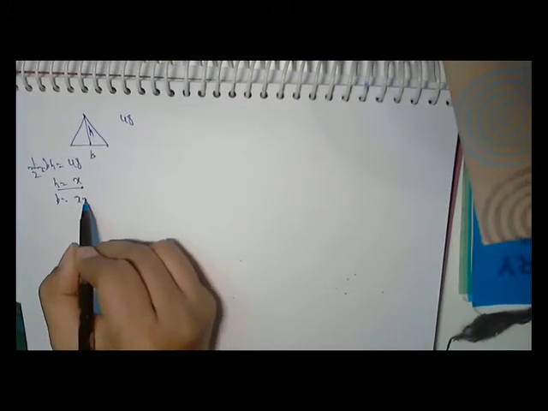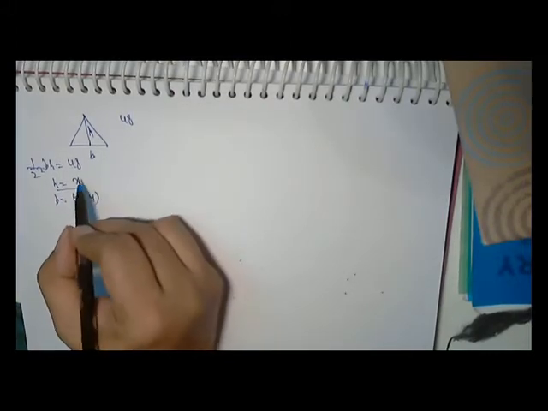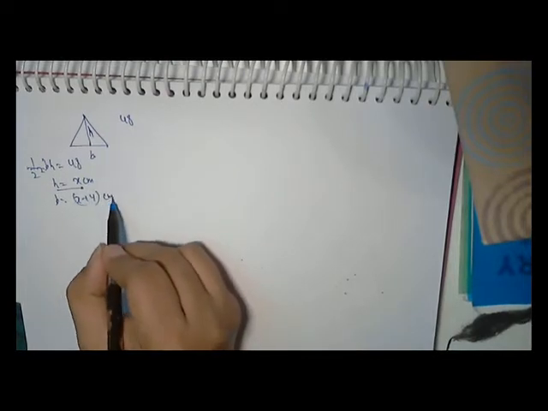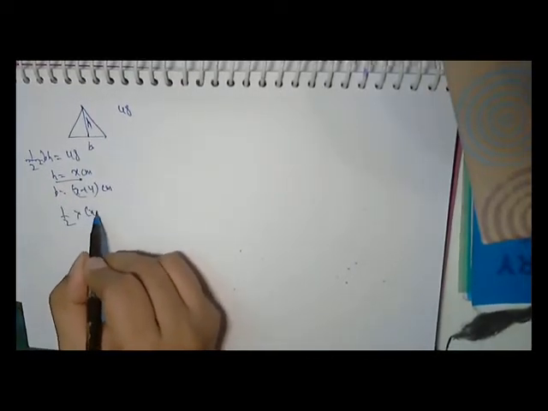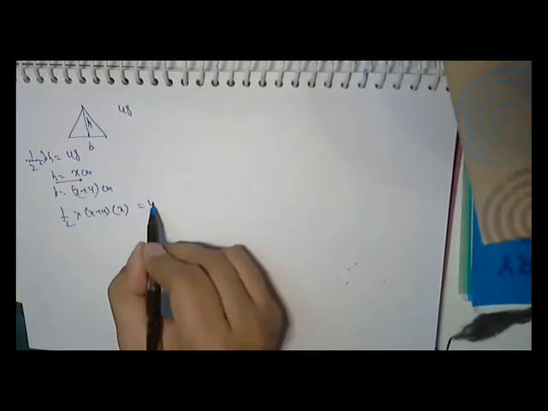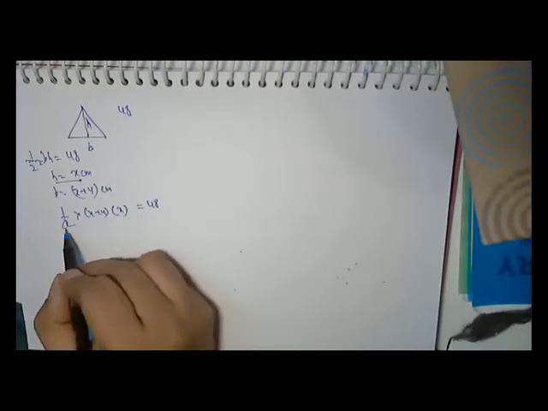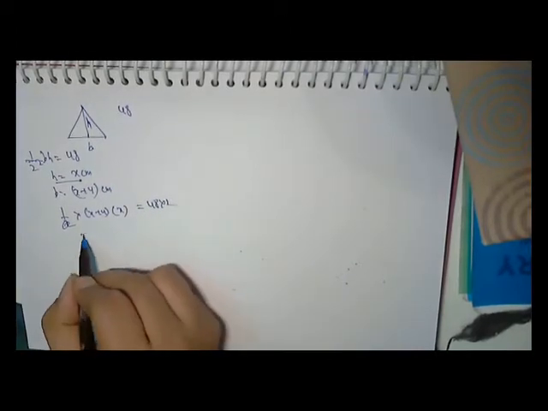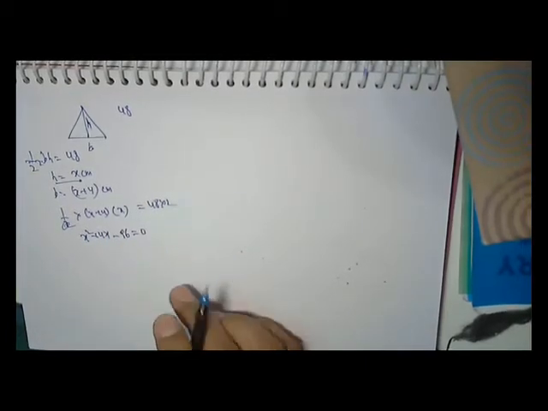Then the base is x plus 4 centimeters, because the base is 4 centimeters more than x. So what is the area? Half into base into height. 2 comes to this side. So x square plus 4x minus 96 is equal to 0.